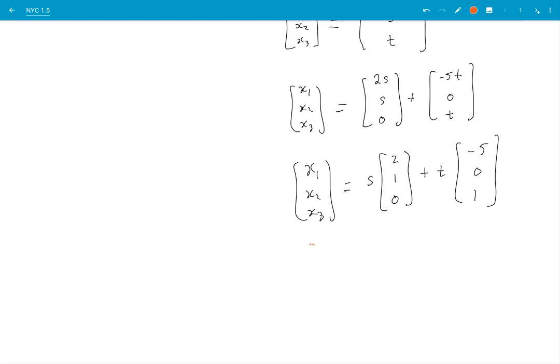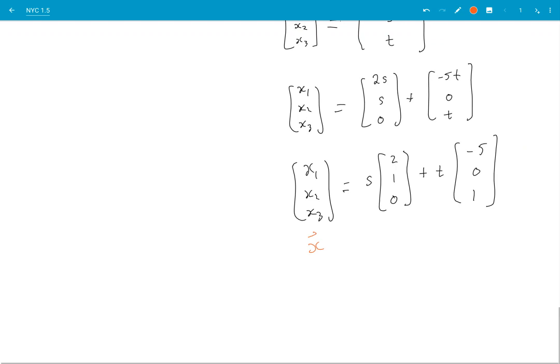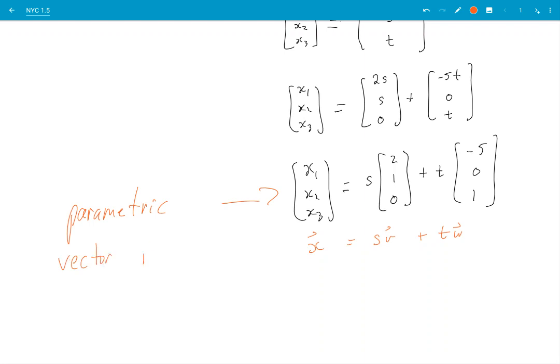Sometimes you call this vector just x. x is equal to s u plus t, let's go with v and w like I had above, sv plus tw. So it's a parametric vector form for our solution set.